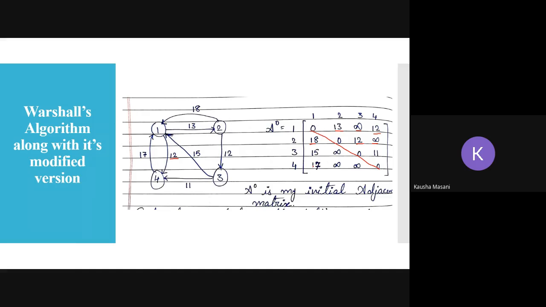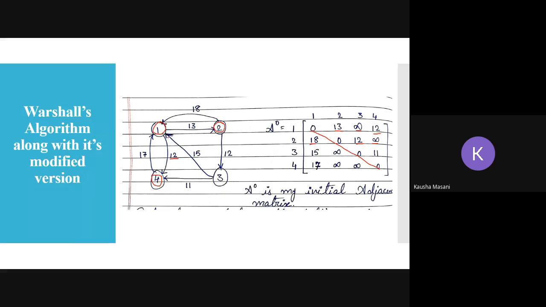Okay. Now we will start the working of our algorithm. Now, as I told you, we are going to find the shortest path via a vertex. Okay, via one vertex. Okay, let's say we want to find a path from 2 to 4. Okay, via 1.